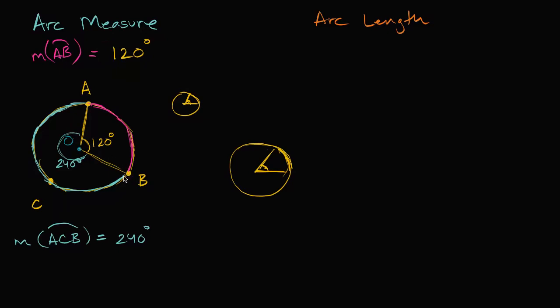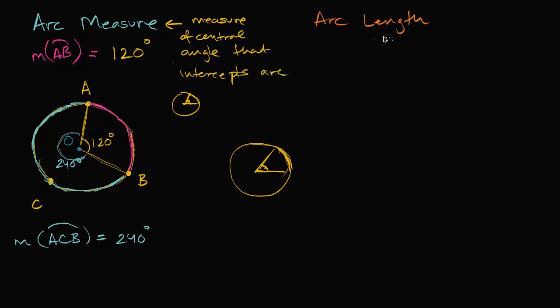So your maximum arc measure is going to be 360 degrees. Your minimum arc measure is going to be 0 degrees. It's measured in degrees, not in units of length that arc length would be measured in. So let me write this down. What's going to drive this is the measure of the central angle that intercepts the arc.